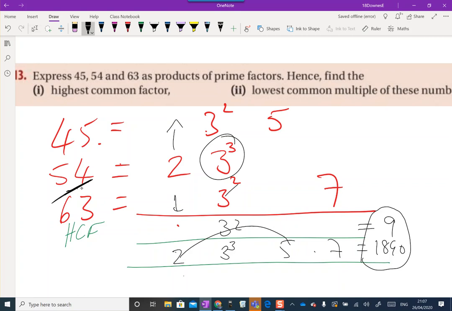Is that not 227? Which is not bad. I think the book made a mistake there, guys. Because the highest power of 3 is 3 cubed, not 3 squared. Okay, so I think we're good. Let's check that real quick.